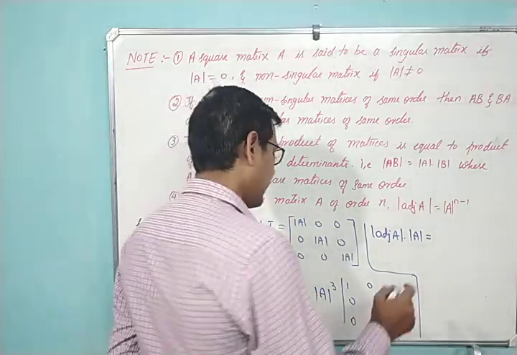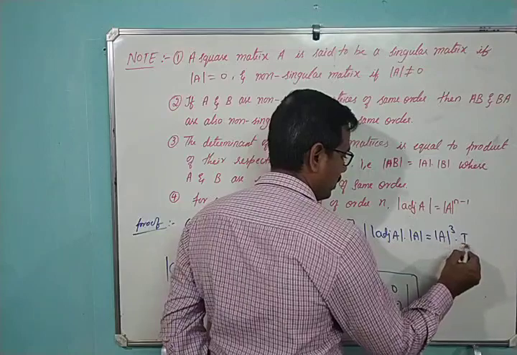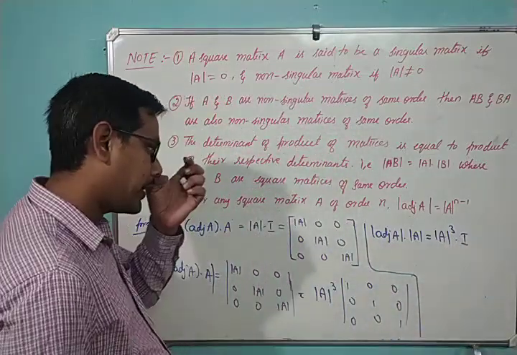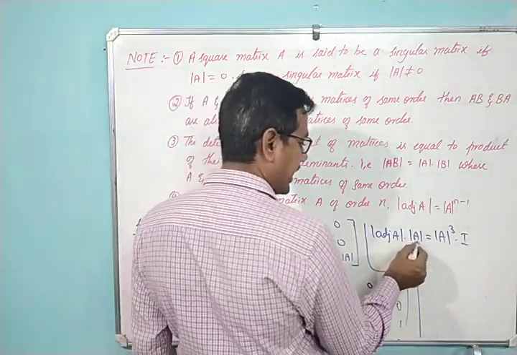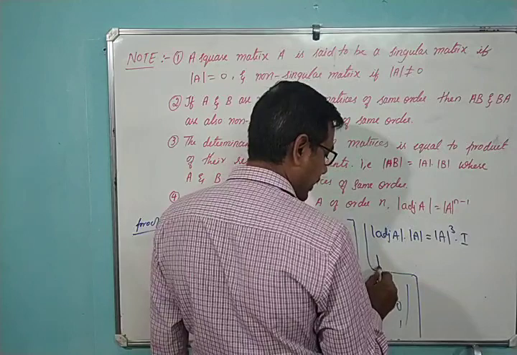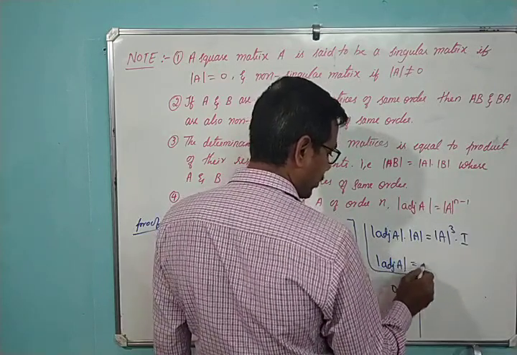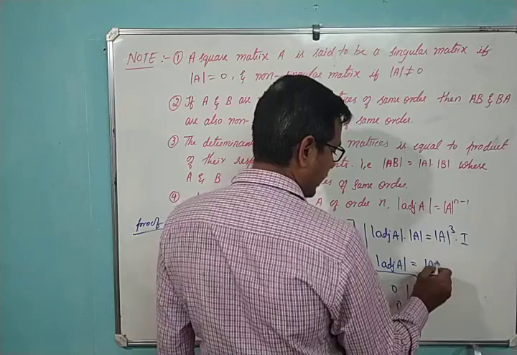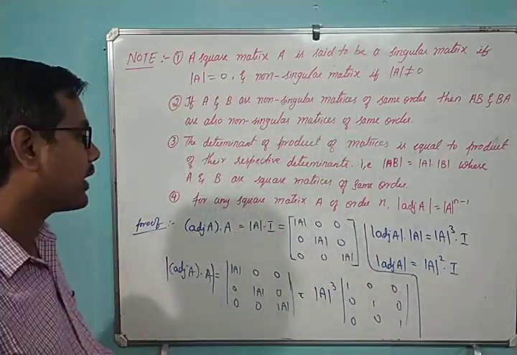Determinant A cube into I. Now determinant A is there, determinant A cube is there, so that will cancel. What will remain? Determinant of adjoint A will be equal to determinant A whole square into I.